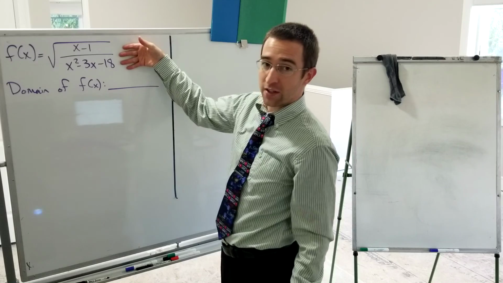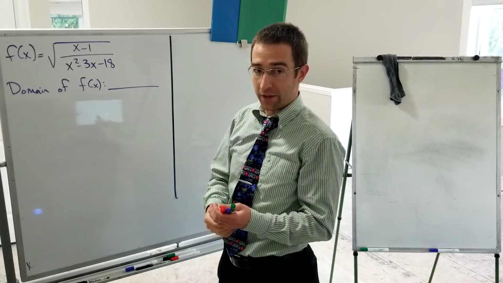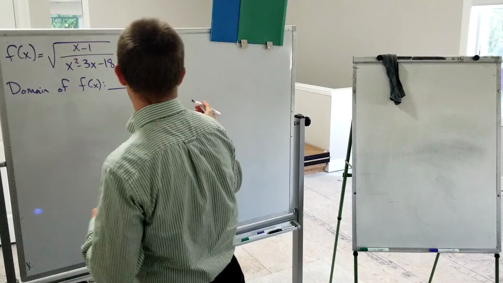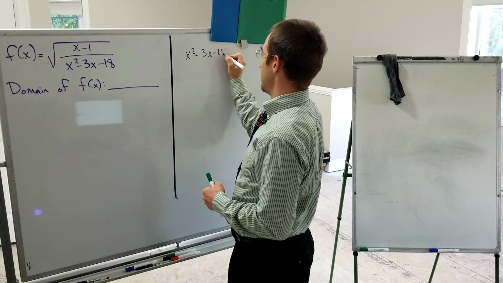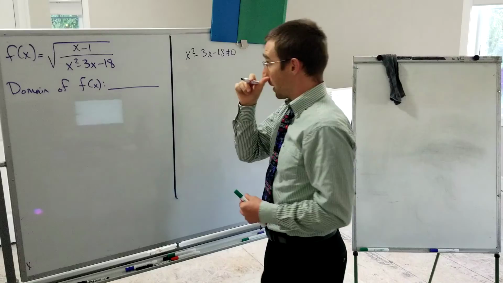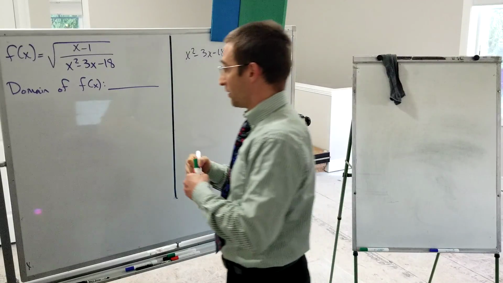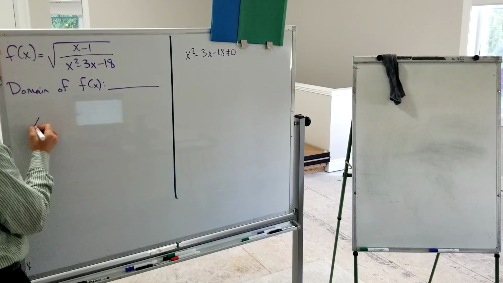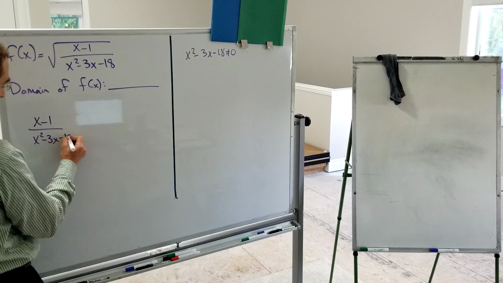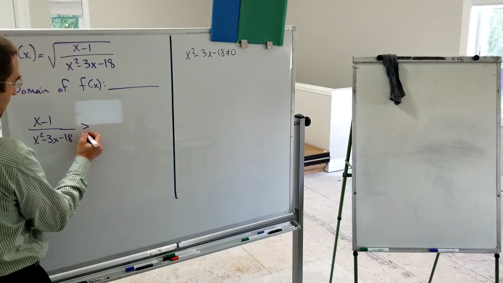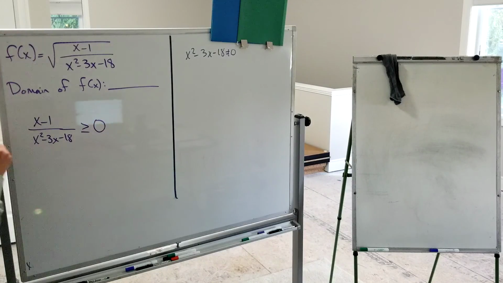And we've got a fraction here, so the denominator can't equal 0. So x squared minus 3x minus 18 cannot equal 0, and x minus 1 over x squared minus 3x minus 18 has to be greater than or equal to 0.